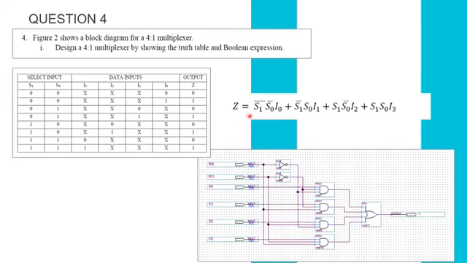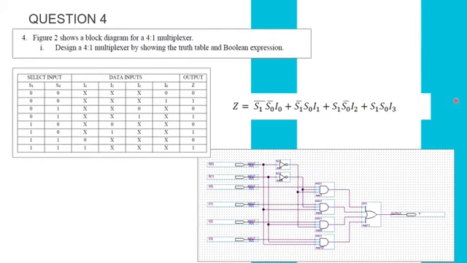From the truth table, we get the Boolean expression Z equal to S1 bar S0 bar I0 plus S1 bar S0 I1 plus S1 S0 bar I2 plus S1 S0 I3.